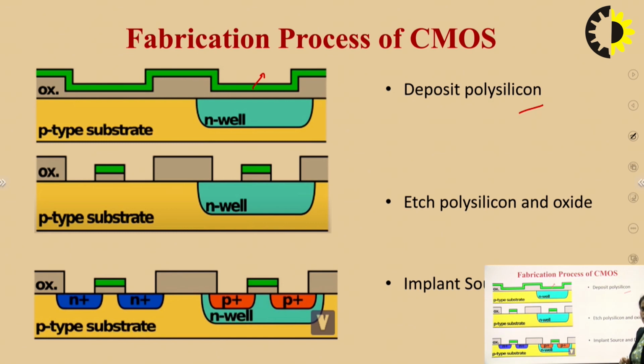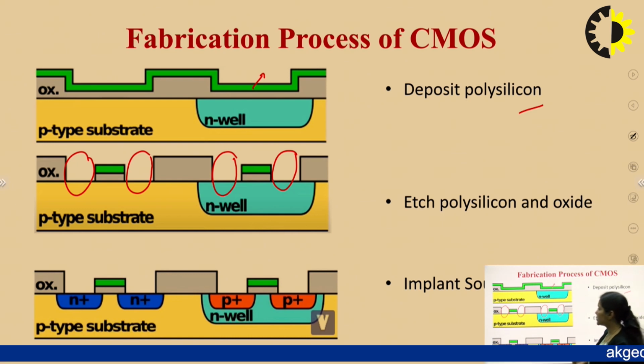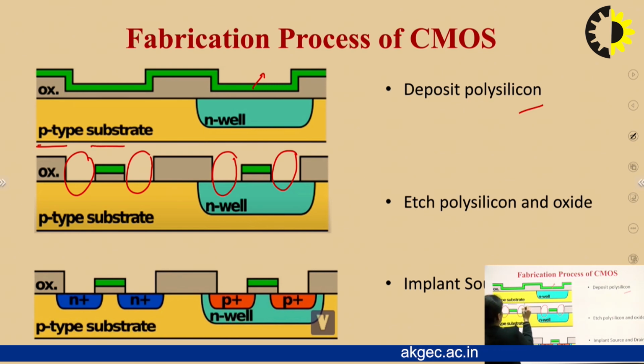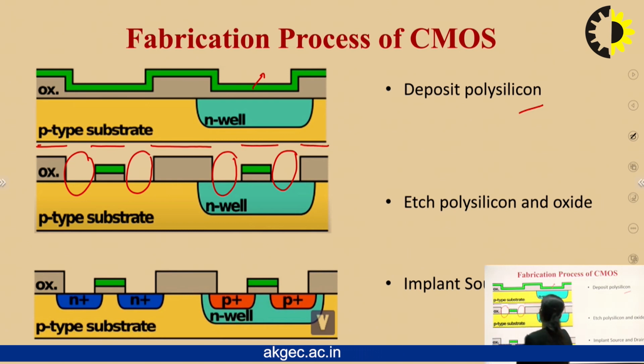Now again, patterning is done using the lithography process, and the windows are created for source and drain in each of the PMOSFET and NMOSFET. Okay. So using the masks, I hope you all can understand there should be a certain mask over here, and using that mask we are able to protect certain areas and open the windows in certain areas.